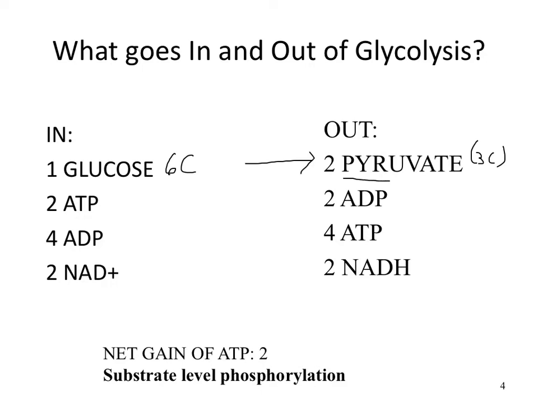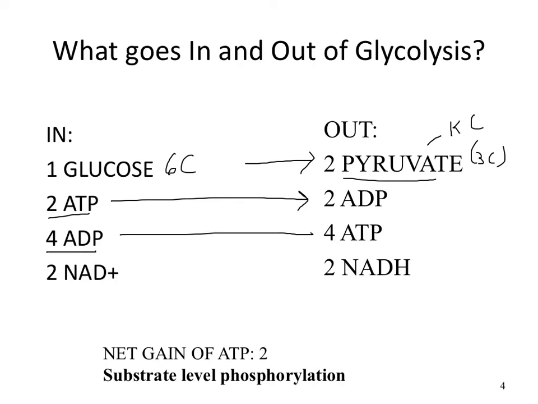They go off to the Krebs cycle. 2 ATP go in, 2 ADP go out, 4 ADP go in, and 4 ATP come out. This means we have a net gain of 2 ATP, and those ATP are made by substrate level phosphorylation.